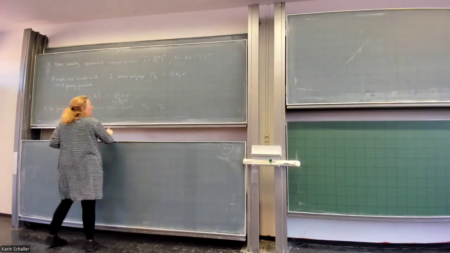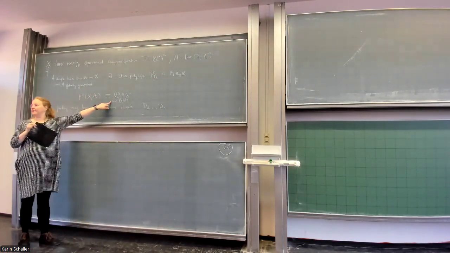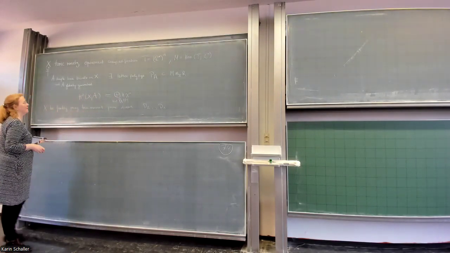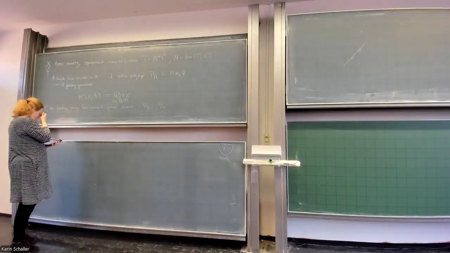And for each of these divisors, we can associate a facet of our lattice polytope. And the facet, so if you know toric geometry, then you sort of know what the facet is. If you don't know, then you can describe it as follows.